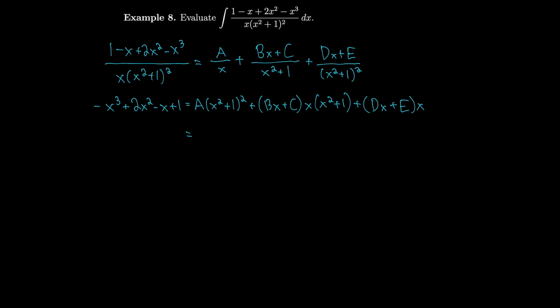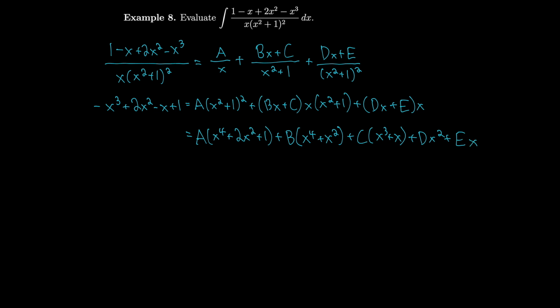So that equals A times x to the 4th plus 2x squared plus 1 plus B times x to the 4th plus x squared plus C times x cubed plus x plus D times x squared plus E times x.